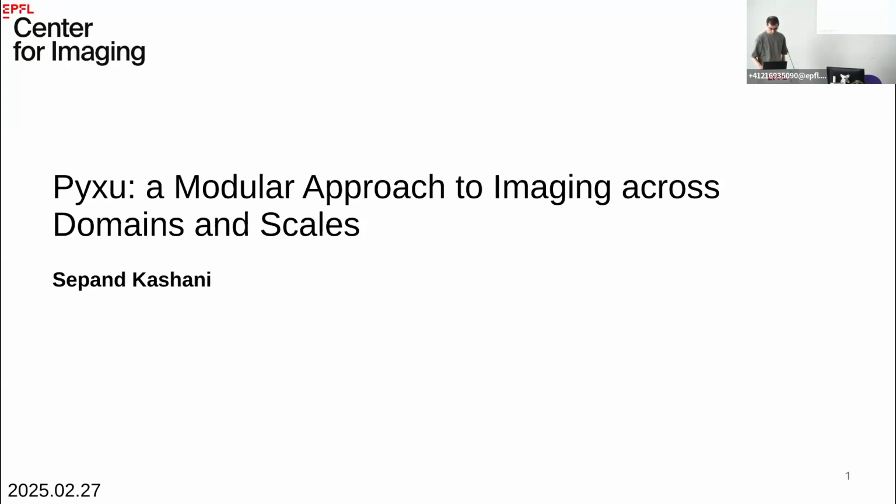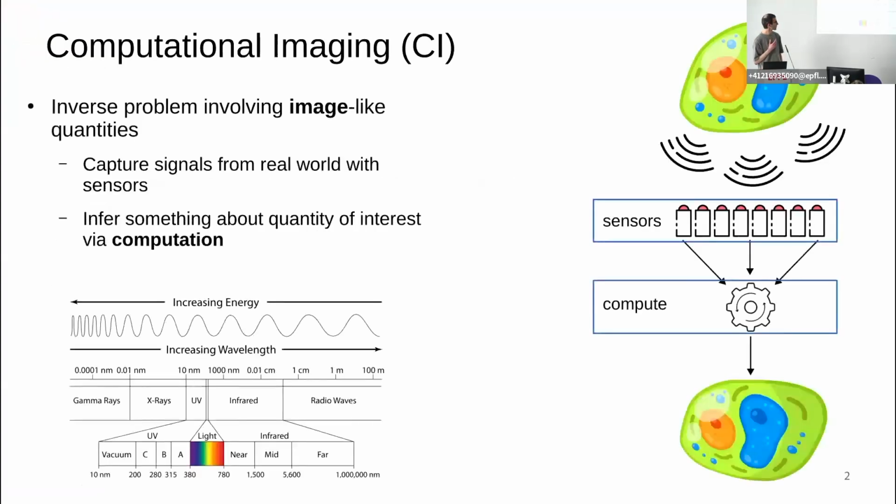So maybe before I dive into the library itself, I'll give a bit of context of what we're talking about. This is a library to do computational imaging. Essentially, there's always something out there we are trying to look at, but we cannot observe it directly. So we have sensors that capture stuff it emits, whatever it is.